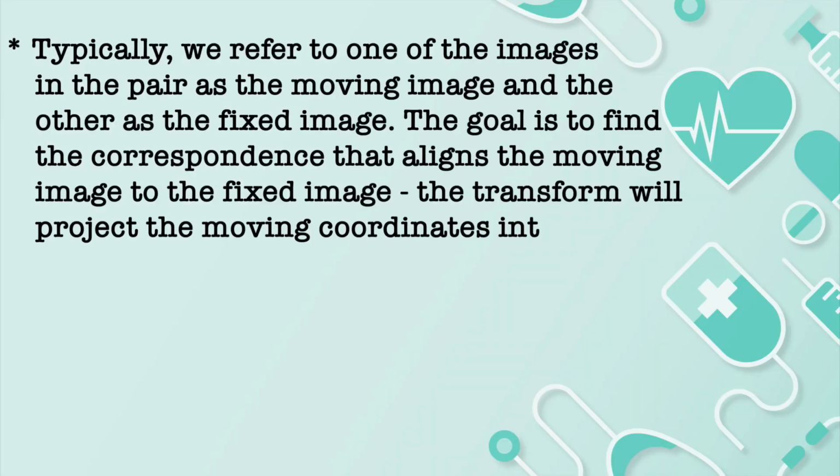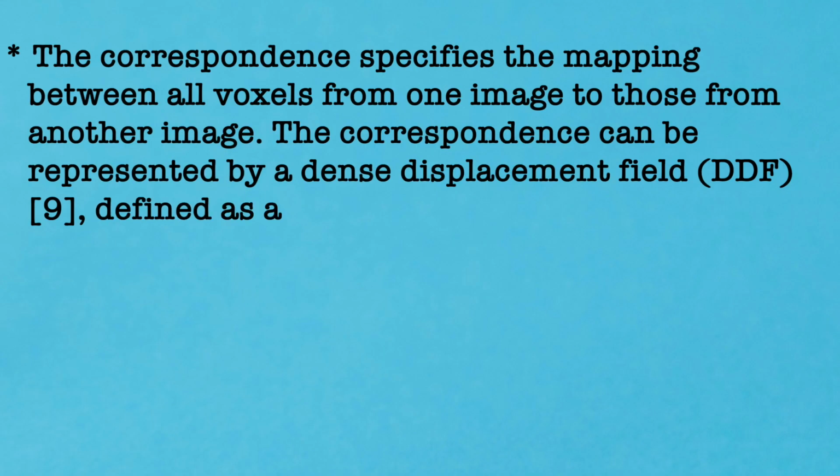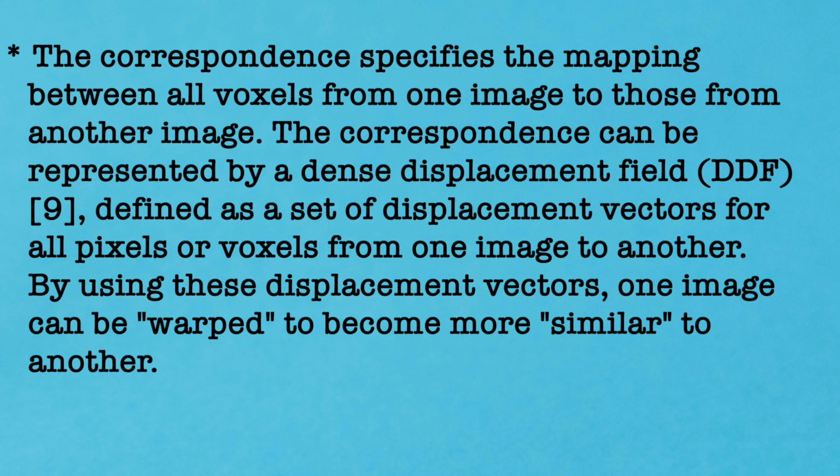Typically, we refer to one of the images in the pair as the moving image and the other as the fixed image. The goal is to find the correspondence that aligns the moving image to the fixed image. The transform will project the moving coordinates into the fixed coordinate space. The correspondence specifies the mapping between all voxels from one image to those from another image.